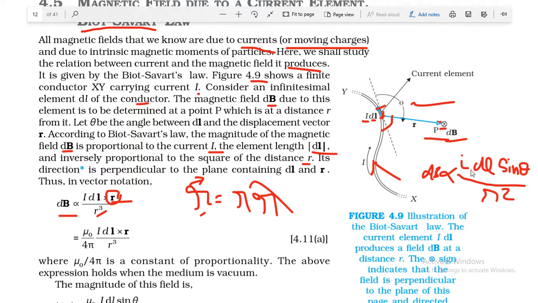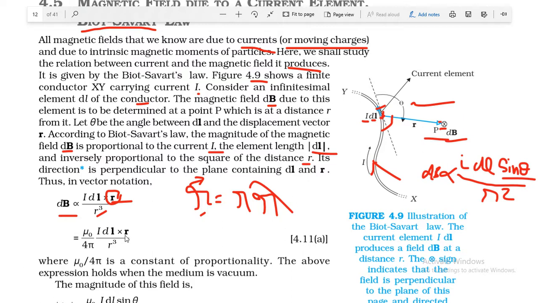Now the same equation can be written like I dl cross r. You can see here dl cross r will give you dl sin theta if r is a vector. So you can write in terms of displacement vector, since you can see here sin theta, the same equation is written here in the form of cross product.